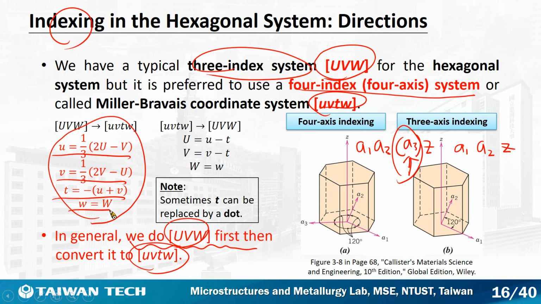And here for T, you can see that T is actually minus (U plus V). So once we know U and V, we can get T. Sometimes T can be replaced by a dot here.